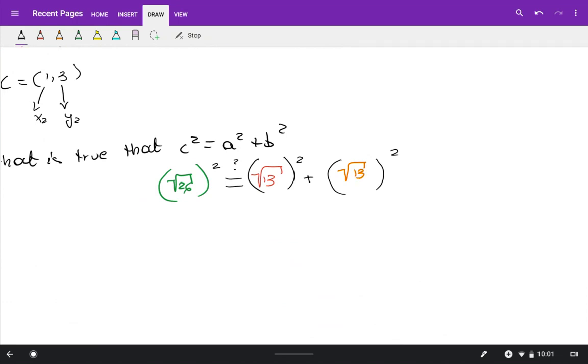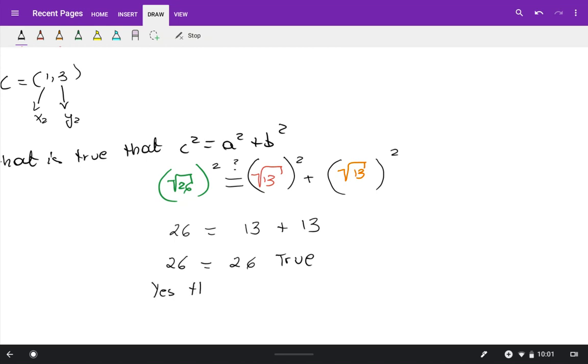Okay, and now just show that this is true. The square root of 26 to the second power is just 26, equal to the square root of 13 to the second power, which is 13, plus the square root of 13 to the second power, which is 13. So we have 26 equals 26, which is true. So we just proved it.